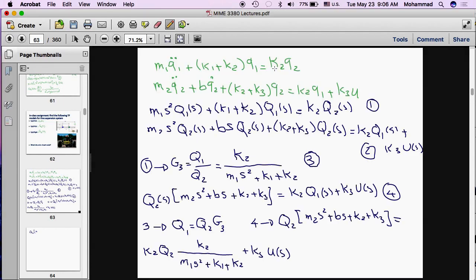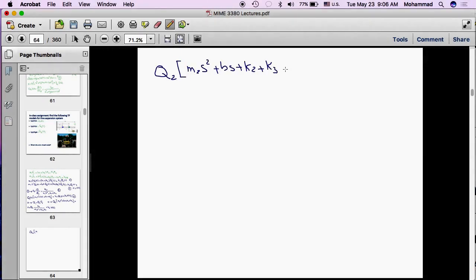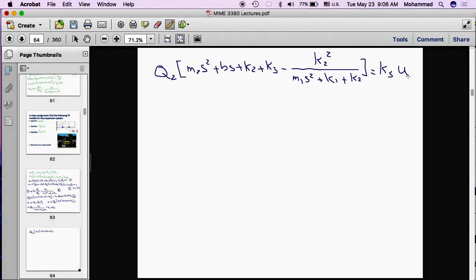That's from one side. From the other side, if I take the other term into the other side, I will have minus K2 to power 2 over M1 S squared plus K1 plus K2. This is all equals K3 times U. So what did I do?